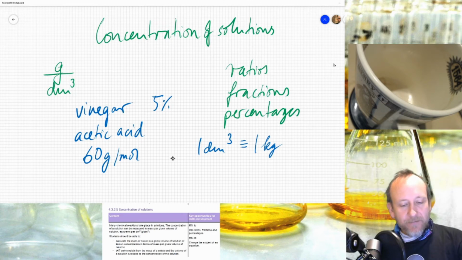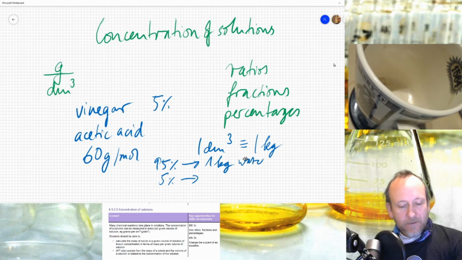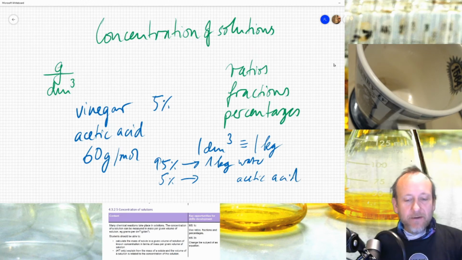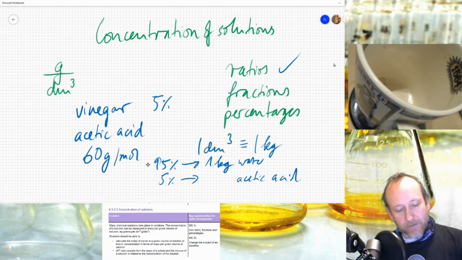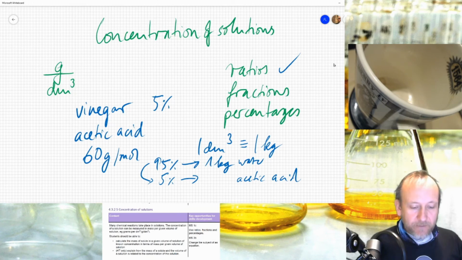So 95% of my mass is 1 kilogram of water, and the rest, the 5% of the mass, is the acetic acid. I'm doing it by ratios, and that is one of the ways you are supposed to do it. So how do I get from 95 to 5%? Well, I divide by 95, which gets me down to 1%, and then I times it by 5 to get me to 5%.